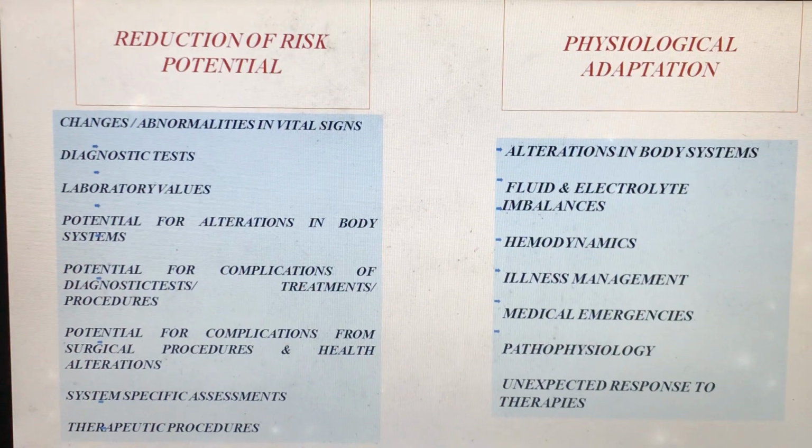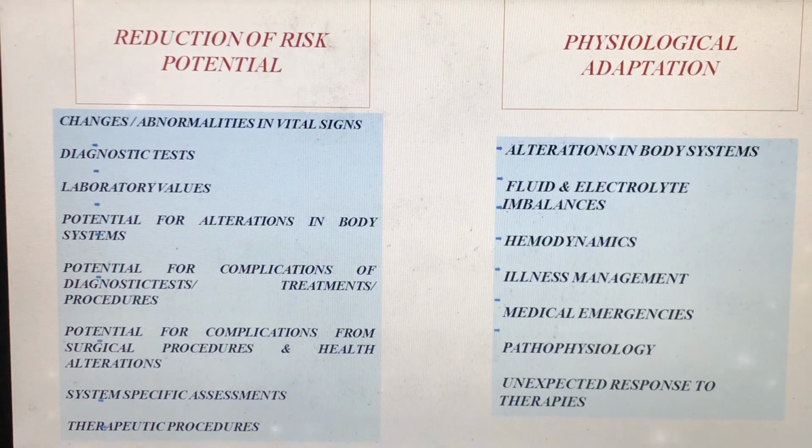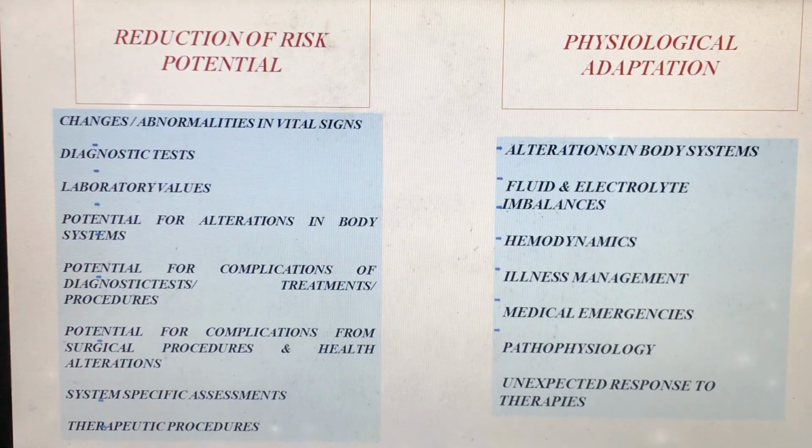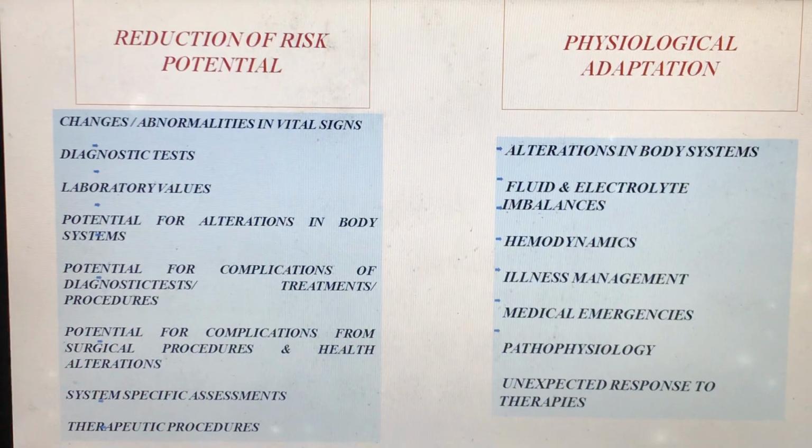So we should study at least some of the common normal values, for example potassium, creatinine, BUN. So at least we should study some of the normal values of these blood tests. Then hemodynamics, illness management, medical emergencies, pathophysiology, unexpected response to therapies. So these are the things related to physiological adaptation.